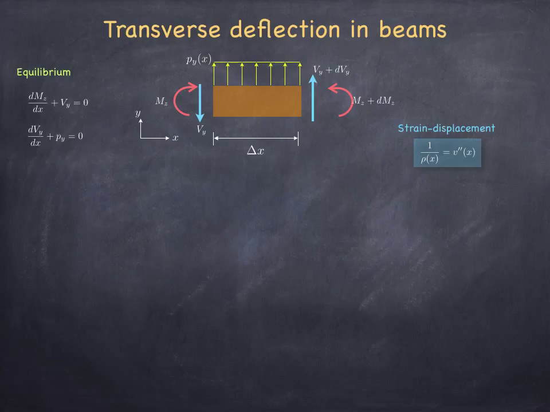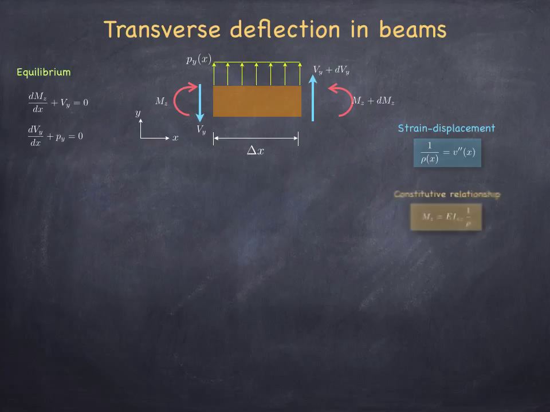The second derivative of the transverse deflection was merely equal to the curvature. I'll refer to that as the strain displacement equation, which is something that is more appropriate for continuum definitions of strains and displacements. In this case, it's a resultant-based definition, but nonetheless it is equivalent. I'm relating curvature to a deflection, displacement v.